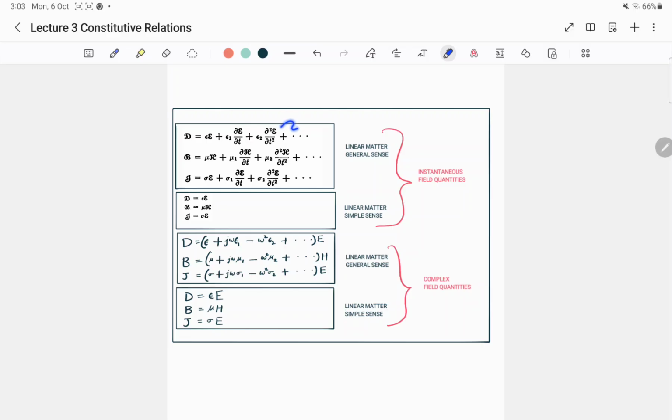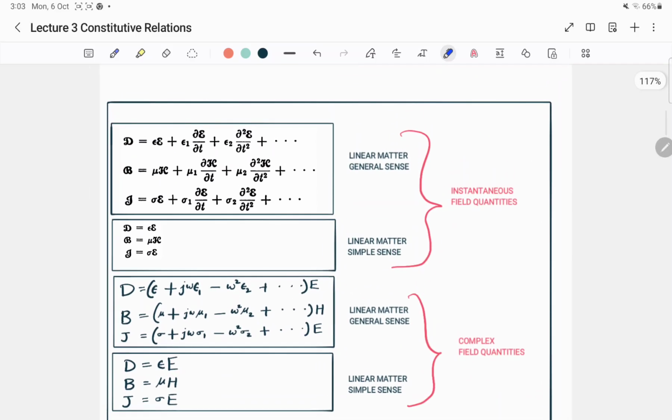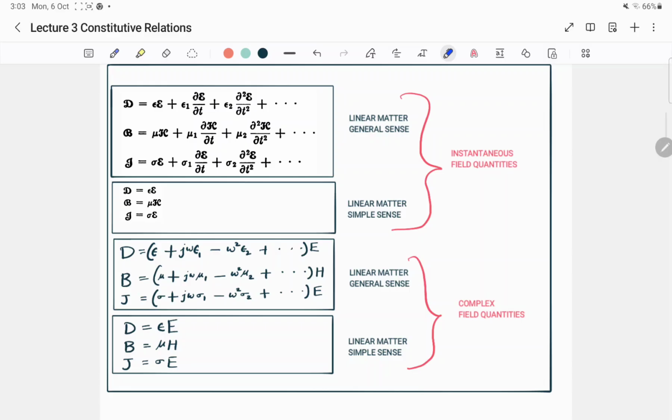Now here these field quantities E, D, B and J are written in scripted form, that is, scripted letters are used. That is why we call them instantaneous field quantities. This has already been covered in lecture 1 in detail.